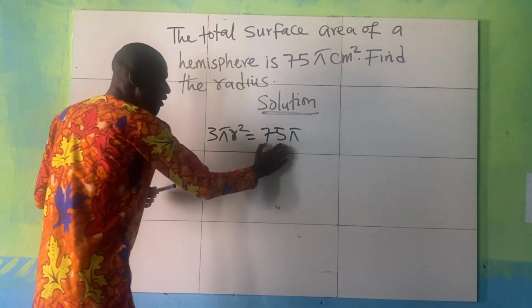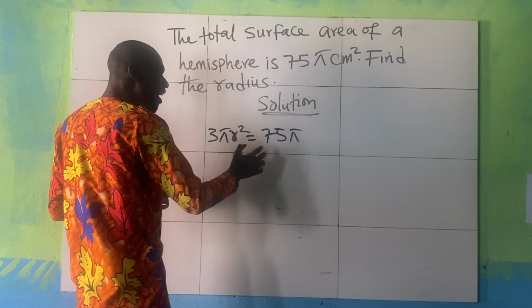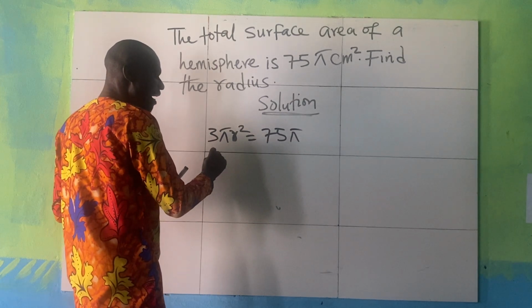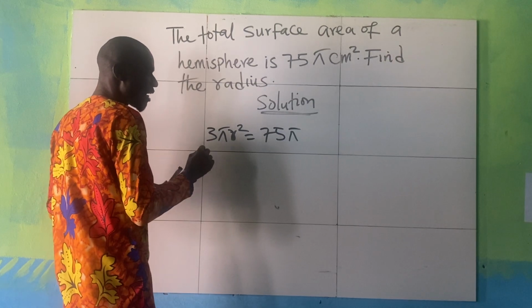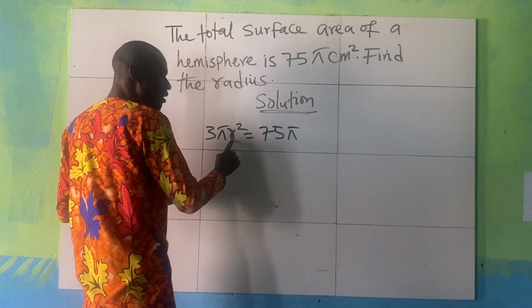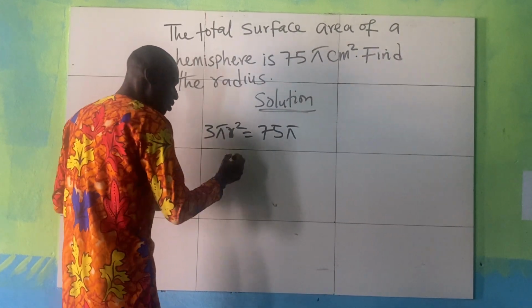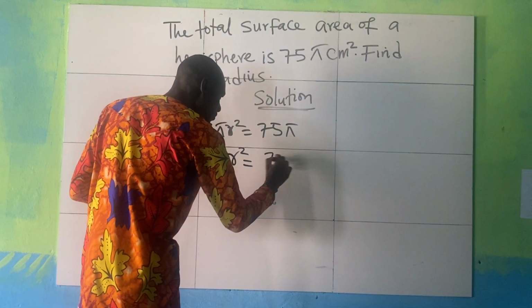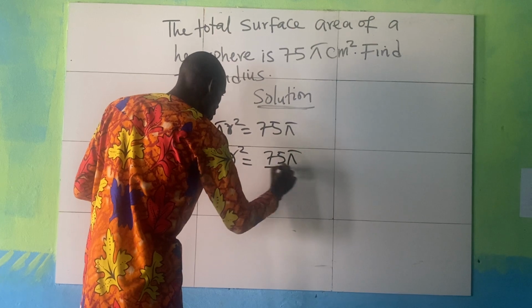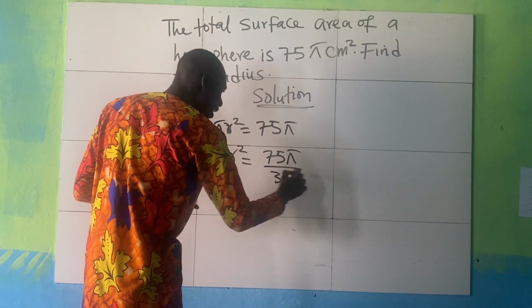So at this point, what we will do is to divide both sides by 3 pi, so that the radius square will stand alone. So if we do that, it simply means that r square will become 75 pi all over 3 pi.